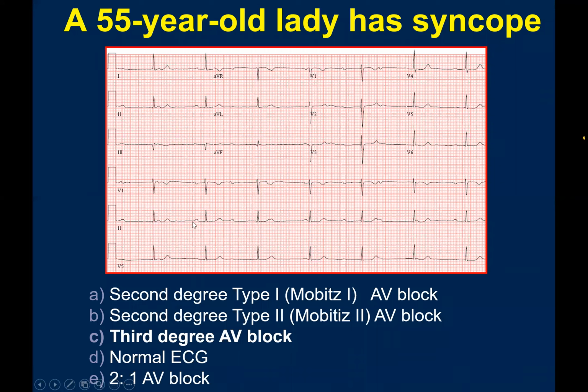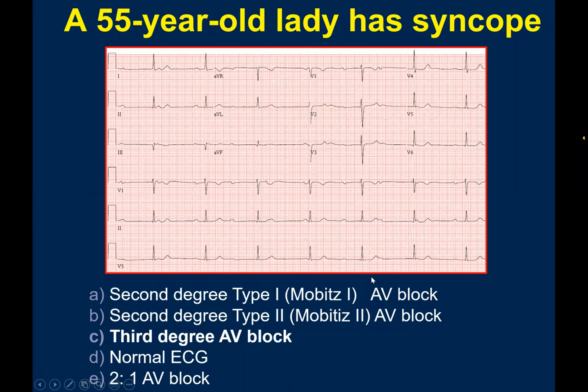If you map them, as you mentioned, they are the same, and if you map the RR, they are the same. So it tells you that atrium and ventricle are dissociated. If you take this P wave to this P wave, the rate is about 70, and if you take this R to this R, the rate is lower. So there is bradycardia, and they are totally dissociated.